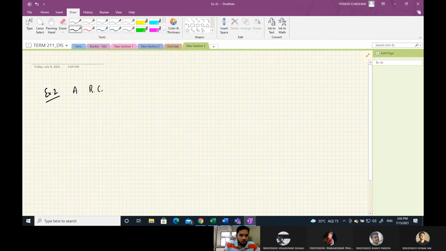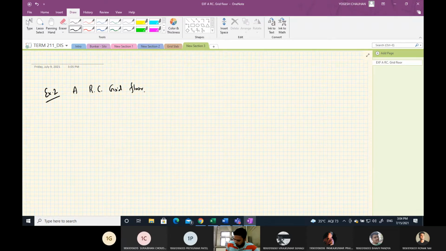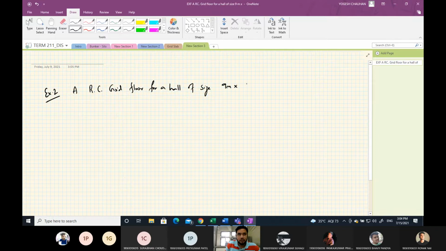The RC grid floor for a hall of size 9 meter by 12 meter.